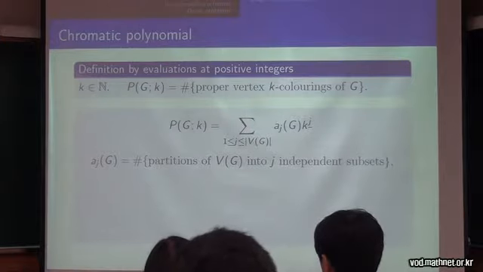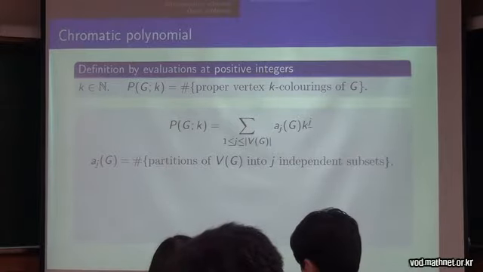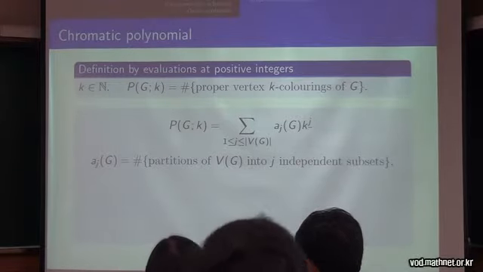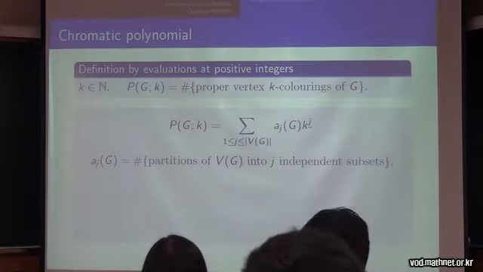One way to see it is as follows, and that is to rewrite proper colorings in terms of partitions of the vertex set of G into what are called independent subsets. An independent subset of vertices is a set of vertices with the property that no two of them are joined by an edge. And these are the color classes. So these independent sets use j different colors.